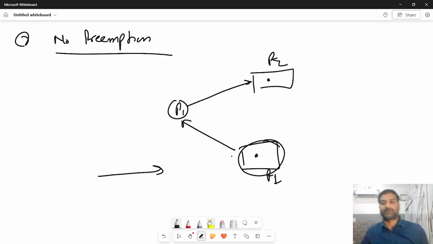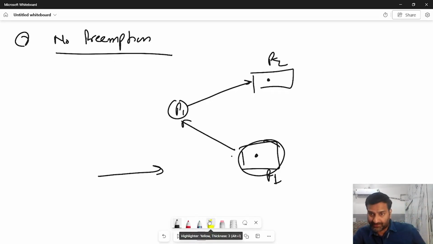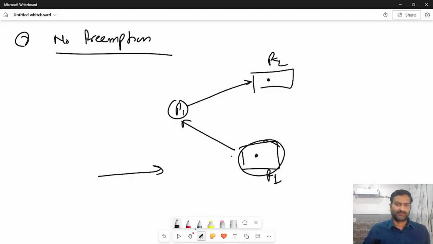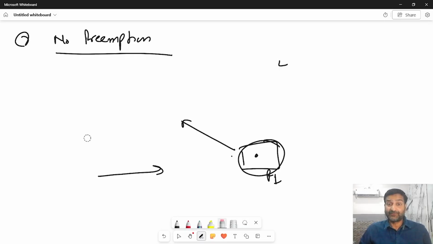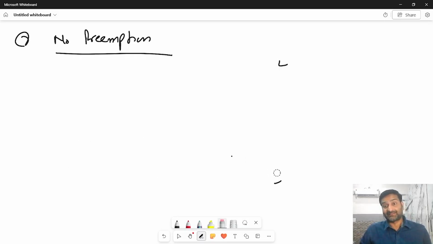Now I need that particular pen, so I can interrupt you and just take out that pen, and I can start writing. This is the meaning of preemption. You are having the pen as a resource. This is called resource preemption. So if there is no resource preemption, then there is a chance of deadlock.